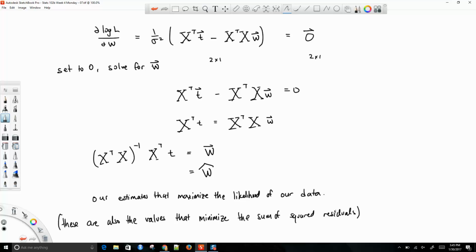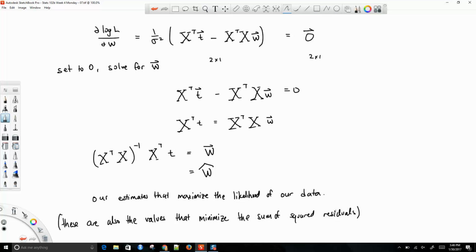In the last chapter, we were looking to minimize our loss function, which is the sum of squared residuals or the average squared residuals. In this chapter, we were looking to maximize the likelihood, and we ended up with the same solution. That's not always going to be the case.